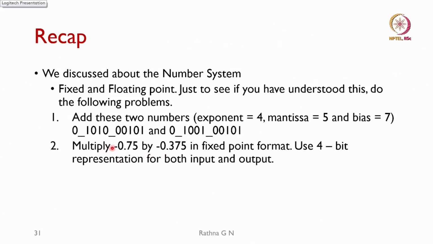So, you can trick me by removing the minus sign, but I want you to keep this minus sign and then do it in 2's complement, using 4 bits for both input and output. What will be the result, whether it is going to be correct or not, I want you to try it out so that you can play with me in the number system in this fashion.